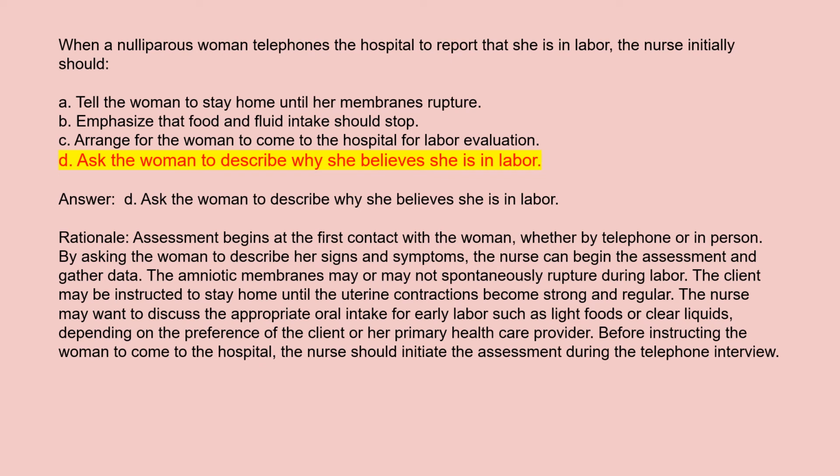The client may be instructed to stay home until the uterine contractions become strong and regular. The nurse may want to discuss the appropriate oral intake for early labor, such as light foods or clear liquids, depending on the preference of the client or her primary healthcare provider. Before instructing the woman to come to the hospital, the nurse should initiate the assessment during the telephone interview.